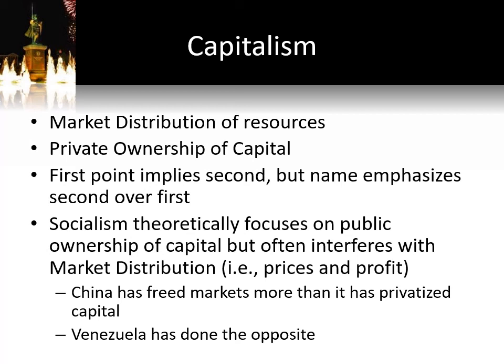And the problem with socialism, public ownership of capital, is that the countries that are socialist typically end up interfering in market prices and distribution, right? There have been attempts to have public ownership of capital that don't do that, and Sweden is a good example.